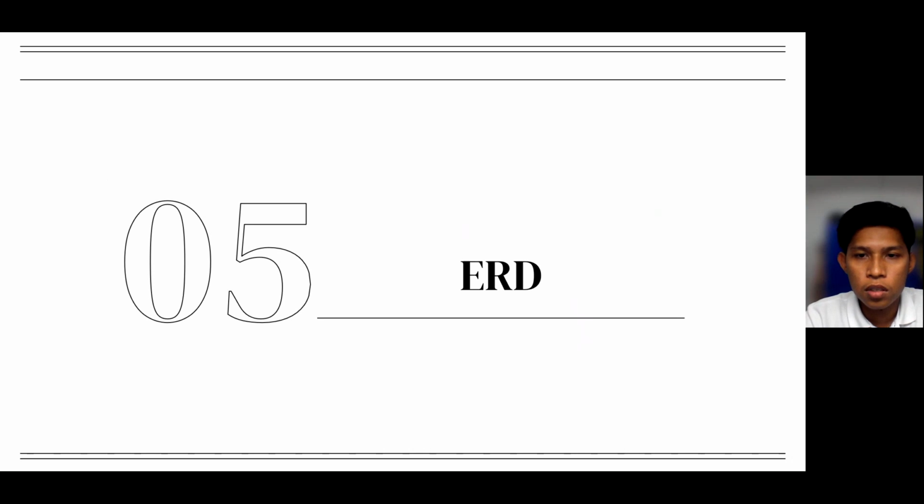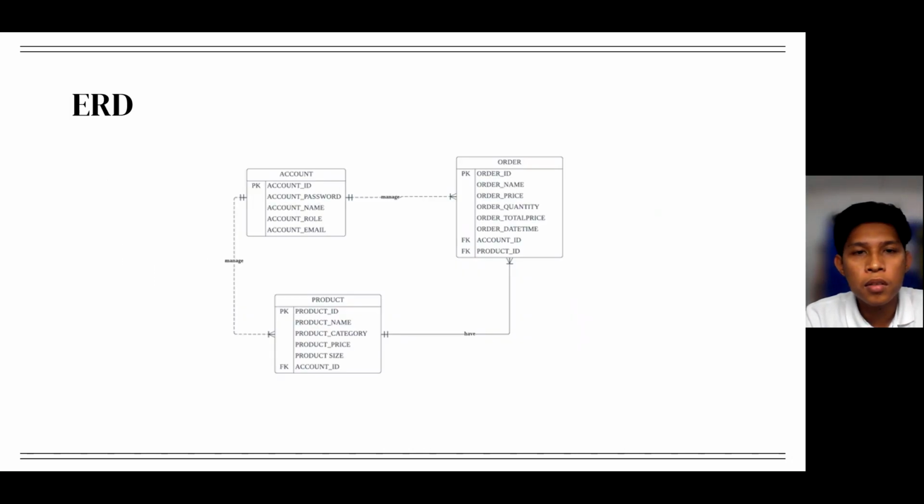Okay, next we move to the ERD. In my system there are only 3 tables in the database, which are account, product, and order table. In the account table, it has account ID, account password, name, role, and email for the admin or staff that has been registered into the system.